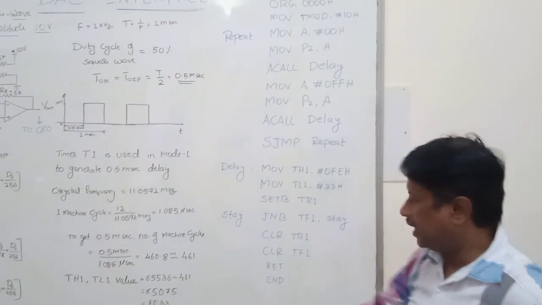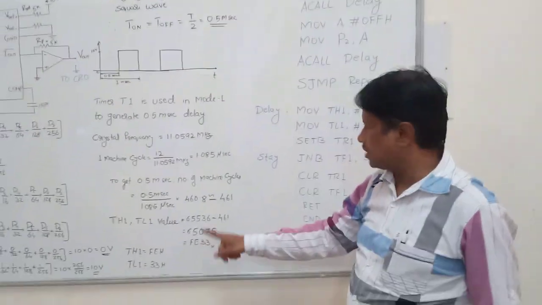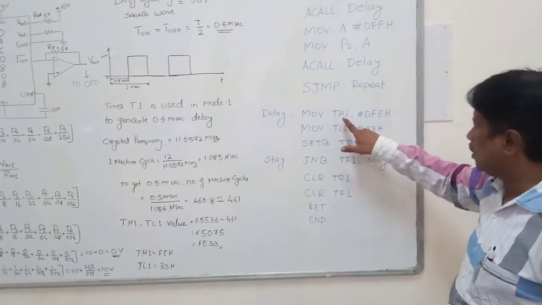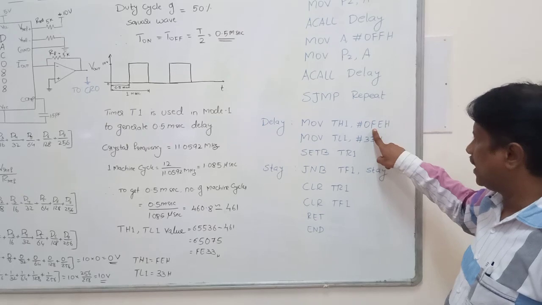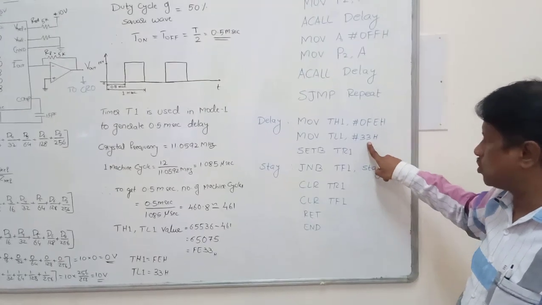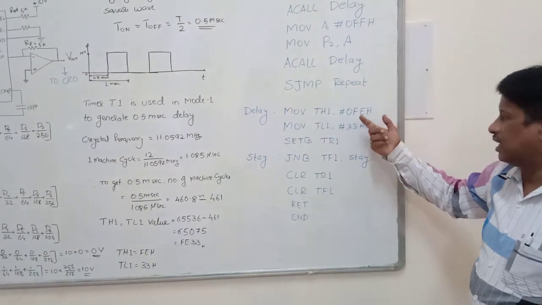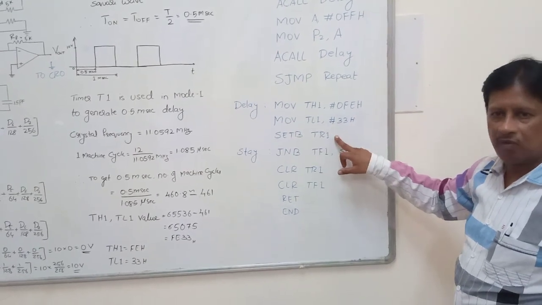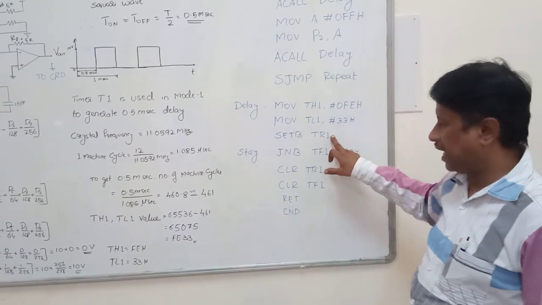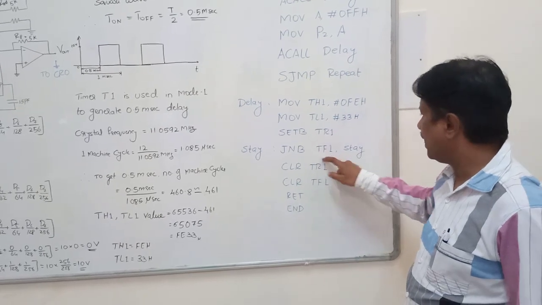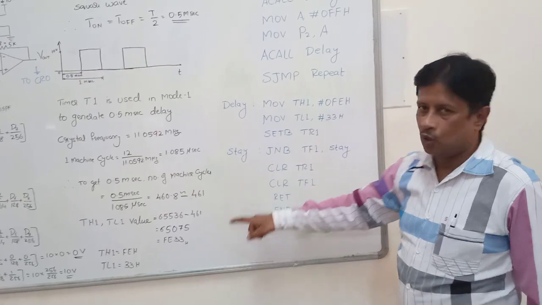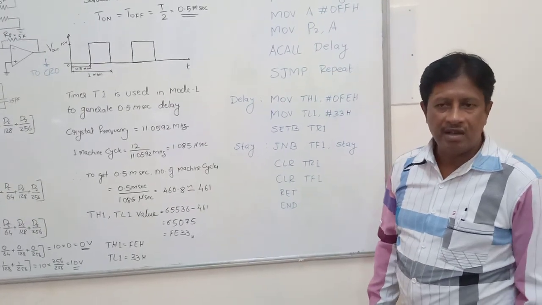You know that to get a delay of 0.5 milliseconds, you have to store FE and 33 in TH and TL. So in TH1 I am storing FE, and in TL1 I am storing 33, and then I start timer 1. After starting timer 1, I should wait for TF1 to be set. Once TF1 is set, I get a delay of 0.5 milliseconds.